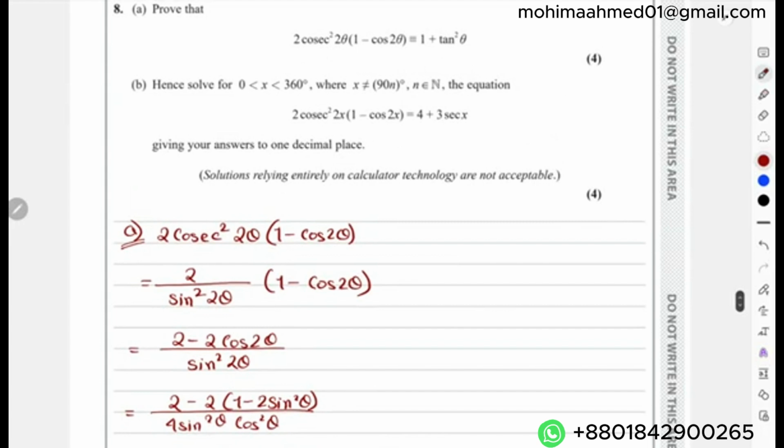For your part B, they have the same expression, but it is equal to 4 plus 3 sec theta, and you're supposed to find your answer in degrees between 0 and 360, and give your answer to 1 decimal place.